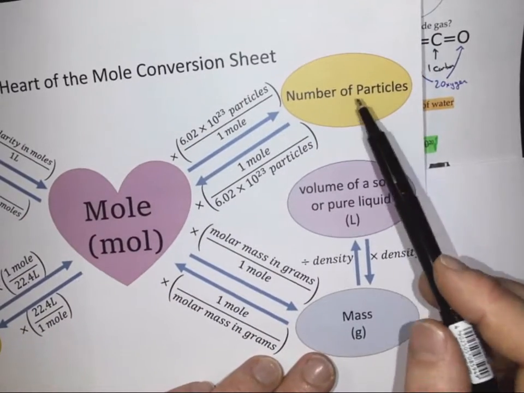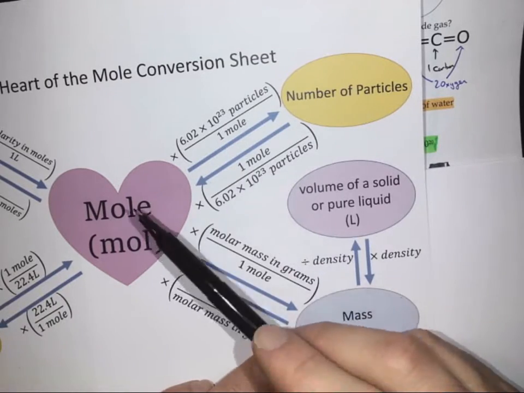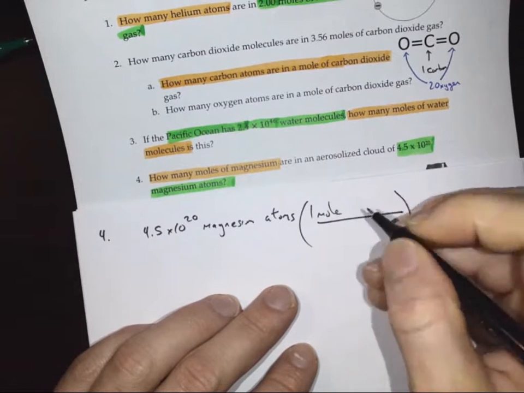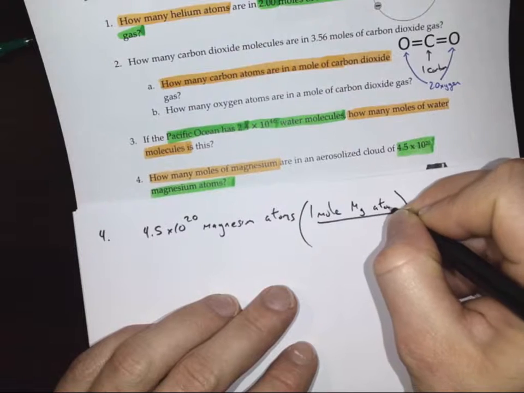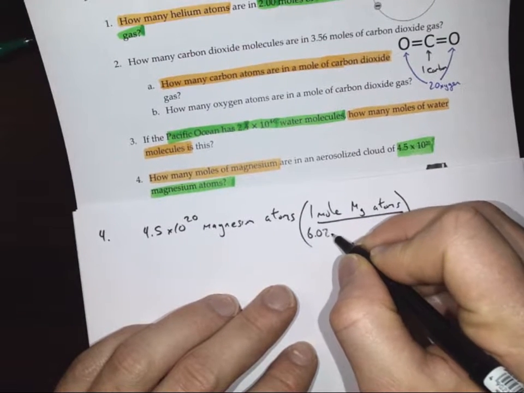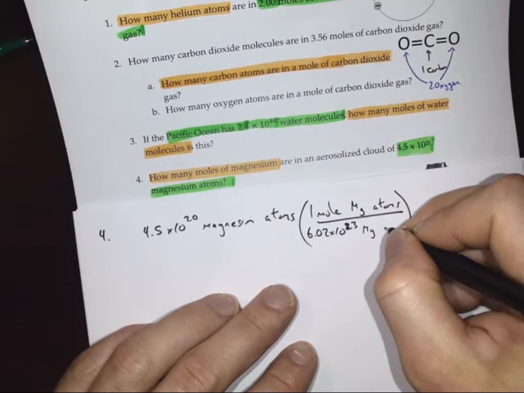I start with some number of atoms and convert along here to moles. So 1 mole of magnesium atoms over Avogadro's number, 6.02 times 10 to the 23 Mg atoms.